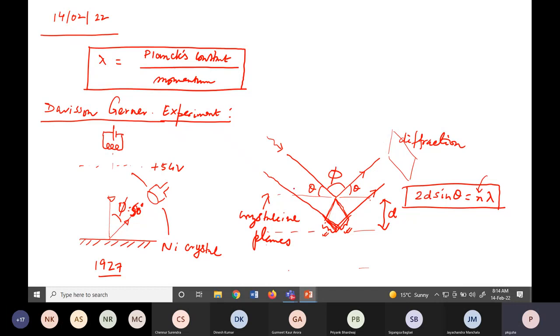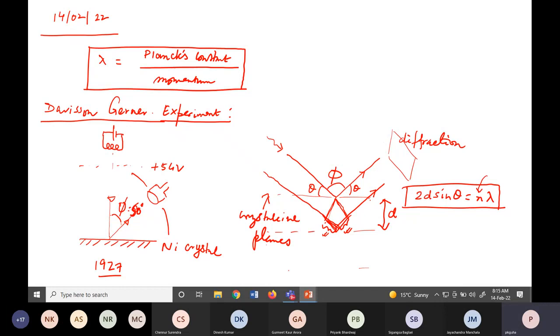So what Davisson and Germer did, they tried to explain their finding using Bragg's law. If we put phi equal to 50 degree here, all they are trying to do is find out if there is any wave associated with this electron, and if that is the case, what is the wavelength of that electron.